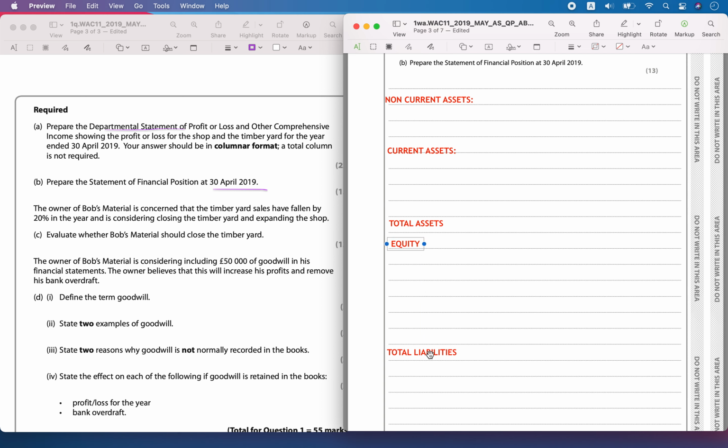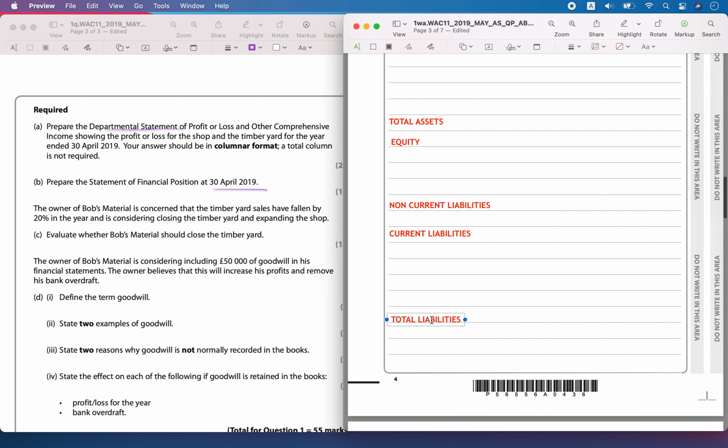Then you will have the equity section. Then the liabilities, in which you have non-current liabilities and then the current liabilities, and you will calculate the total liabilities at the end.